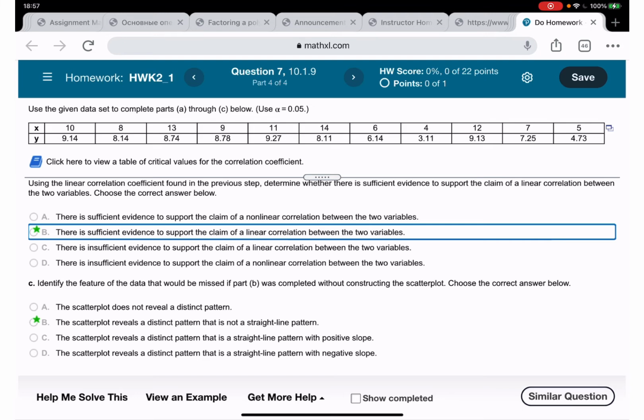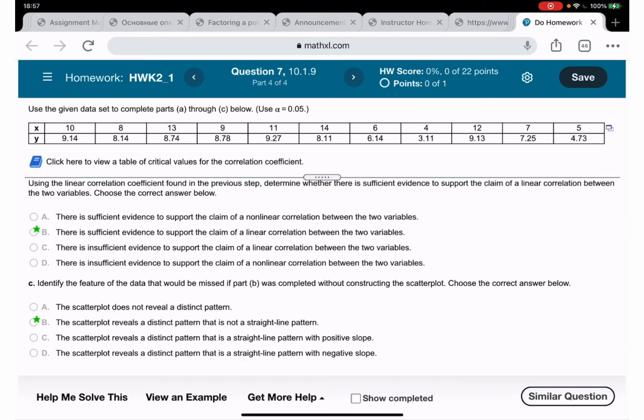The scatter plot reveals a distinct pattern that is a straight line pattern with positive slope. That's not true. It shows both positive and negative, which means neither C nor D can fit. The only answer that fits is B, where the scatter plot reveals a distinct pattern that is not a straight line pattern.